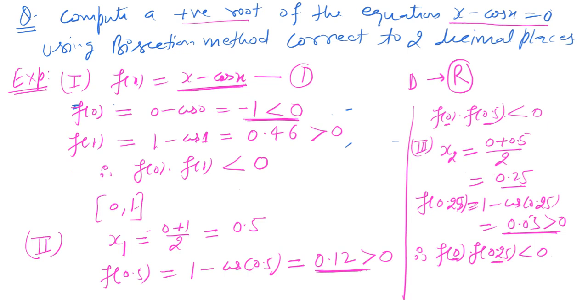which is less than or equal to 1 upon 2 into 10 to the power minus the number of decimal places. That is if the difference between the (n plus 1)th approximation and the nth approximation is less than or equal to 1 upon 2 into 10 to the power minus number of decimal places, and we want to compute the positive root correct to 2 decimal places for the given equation with the help of the bisection method.